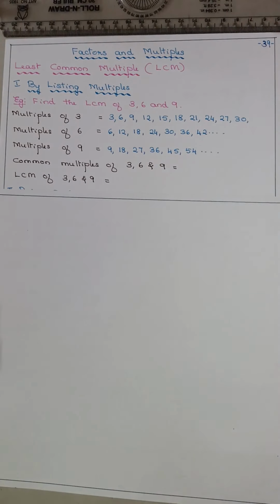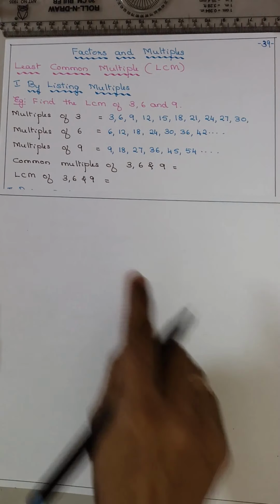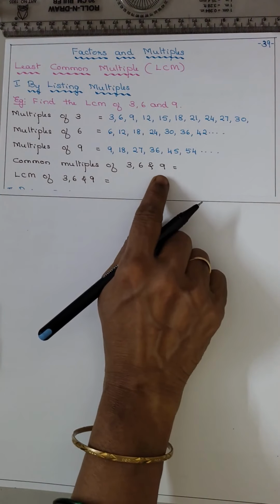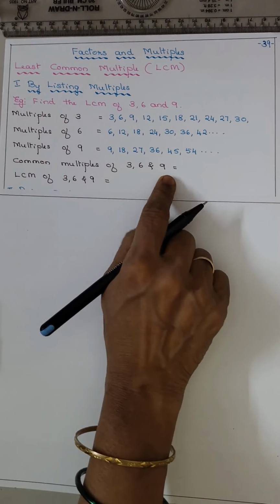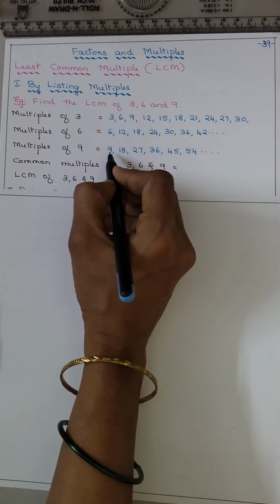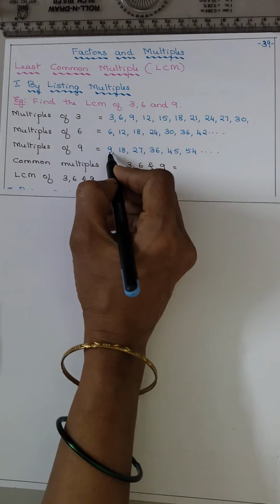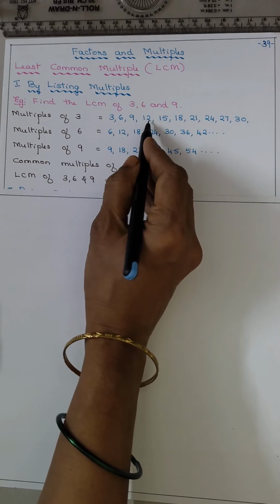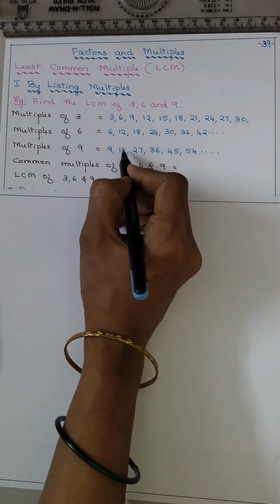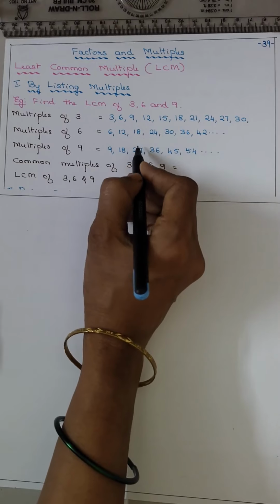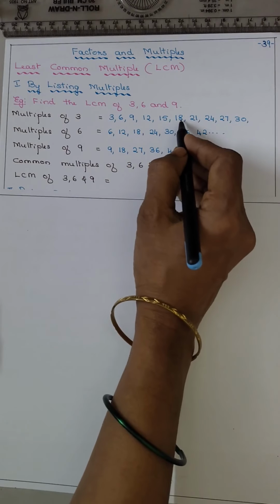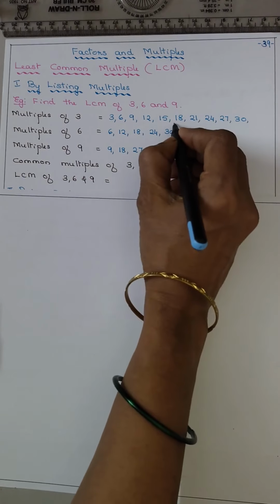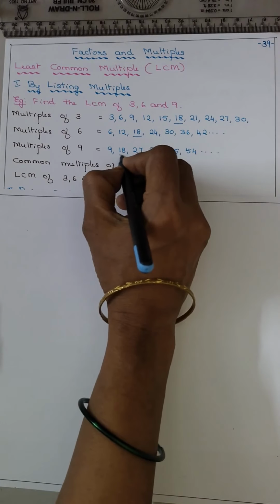Okay. Now underline the common multiples of 3, 6 and 9. So first see, 3 not there, 6 here it is not there, 9 not there, 12 here, not here, 15 not there, 18, 18, 18, 18, underline and write.